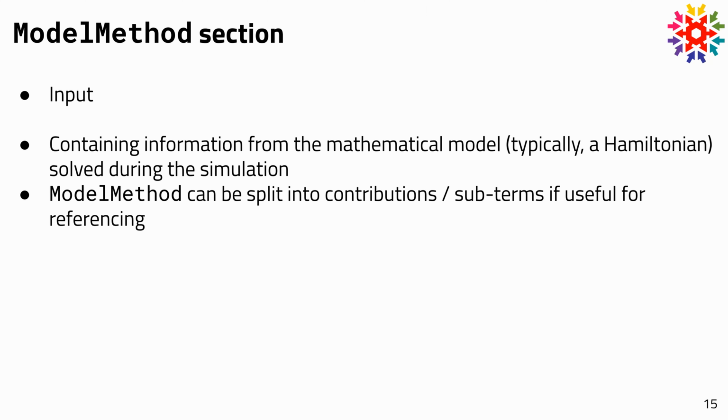And then extra, you can also identify subterms under that. I say that this is useful when you are referencing because later, if you think about calculating, for example, contributions to the total energy, then you will need to know which specific part of the Hamiltonian you are referring to. Okay, this is too much intel. I just want to mention that it's possible to do this.